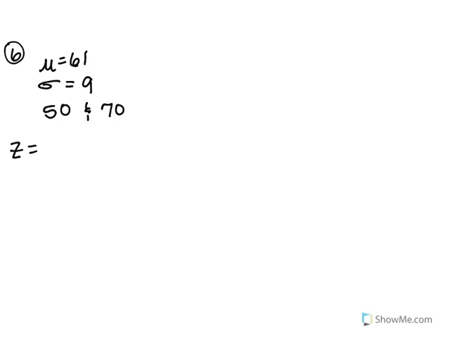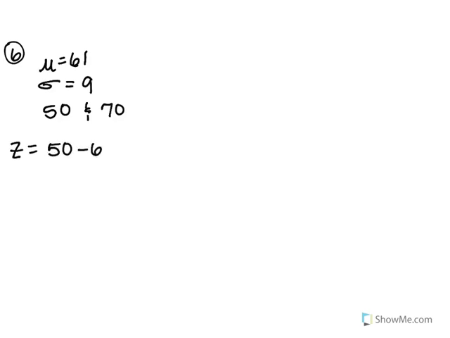Okay, I think we're going to switch up our narrative here. It says on number 6, as reported, the times of the finishers in the New York City 10K run are normally distributed with a mean of 61 minutes and a standard deviation of 9 minutes. Determine the percentage of finishers with times between 50 minutes and 70 minutes. So we definitely need to convert these to z's.